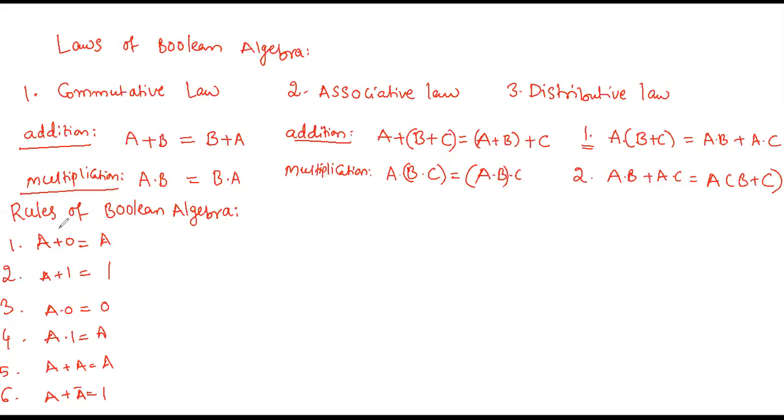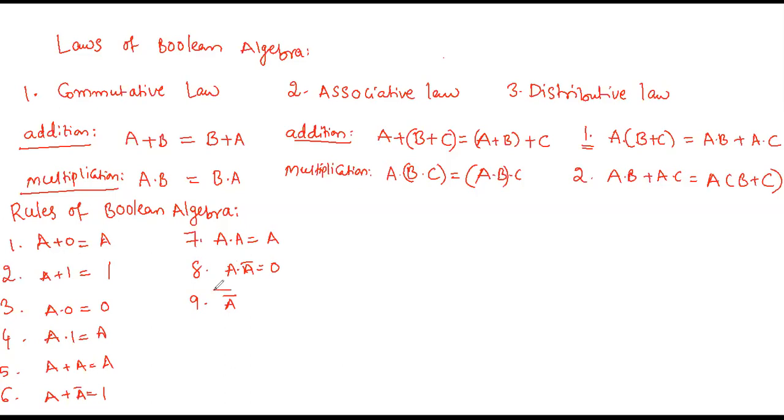I am writing these rules for single variable A. In the place of A, you can write any variable you want. Just for the explanation purpose only, I have taken variable A. Next, 7th rule. No need to remember in order. I am writing just A into A only. A into A bar, 0.